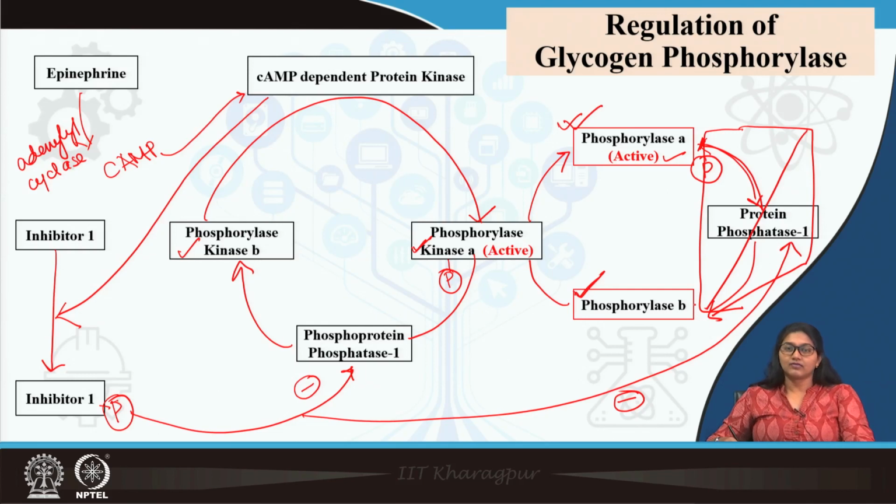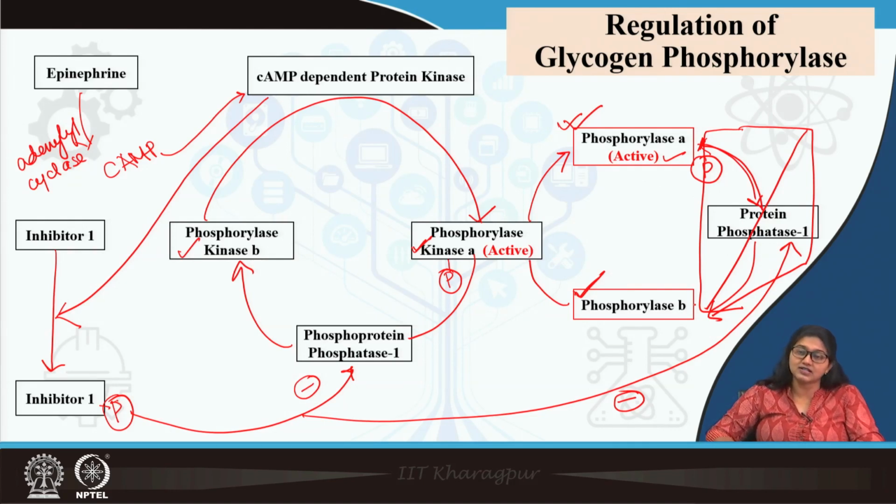Then there is a role of calcium along with this covalent modification. This is an example of covalent modification in regulating enzyme activity. Along with this covalent modification, there is a role of some allosteric activators and inhibitors also.